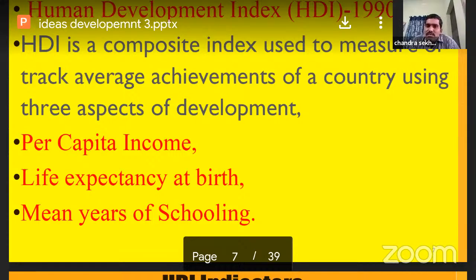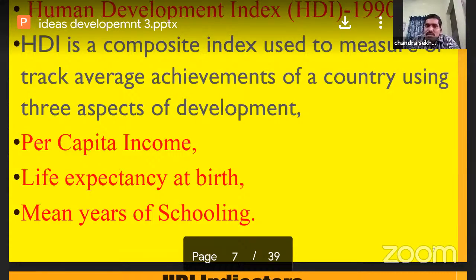So in the HDI, UNDP is using three aspects or three parameters. We can say them as three indicators also. The first one is per capita income. It is used by World Bank also in the World Development Report, but World Bank used only per capita income.